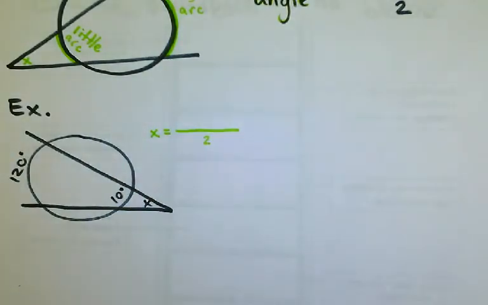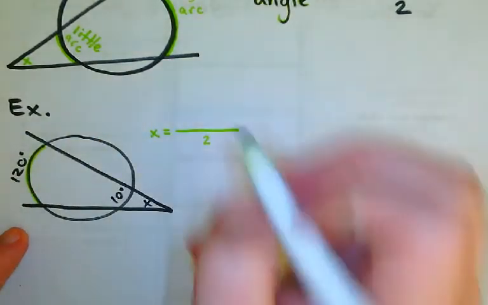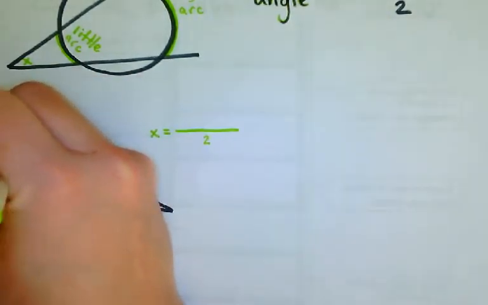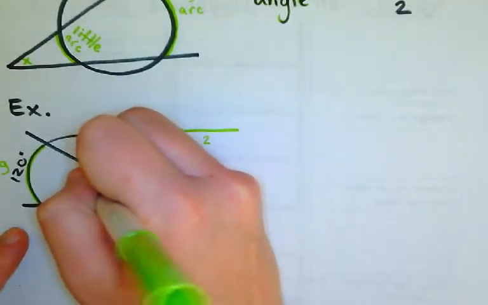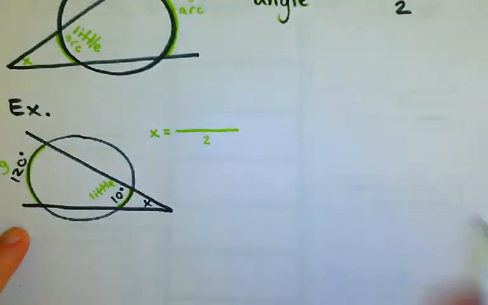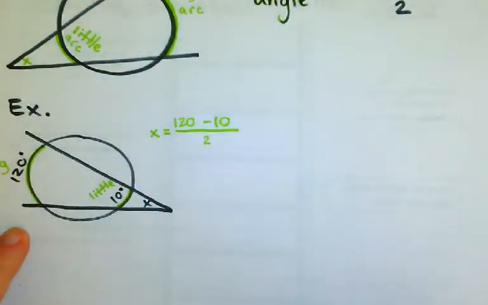What is our big arc? Our big arc is this 120. And this 10 is our little. So we're going to take 120 minus 10 on top and then divide it by 2.